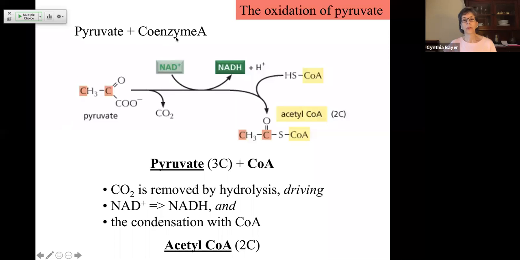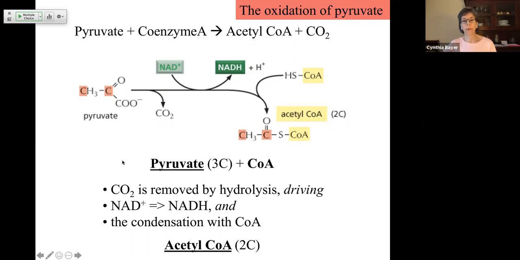Pyruvate plus coenzyme A, which we're abbreviating here, there's coenzyme A with its sulfhydryl group, will form a high energy molecule, will be converted to acetyl-CoA and release a fully oxidized carbon as carbon dioxide.